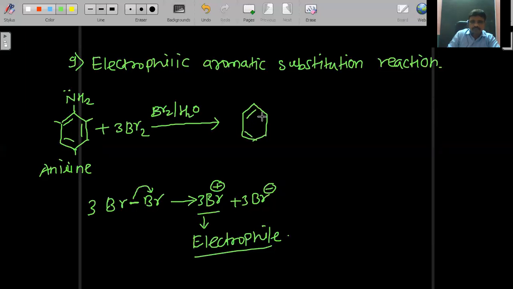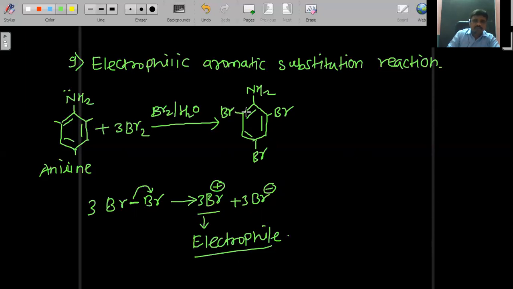Double bond, double bond, double bond, here NH2, and in this position bromine, this position bromine, this position bromine is attached.